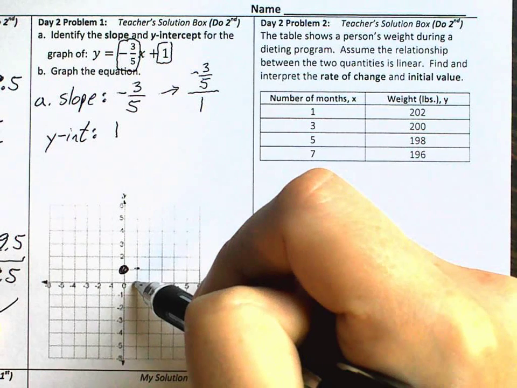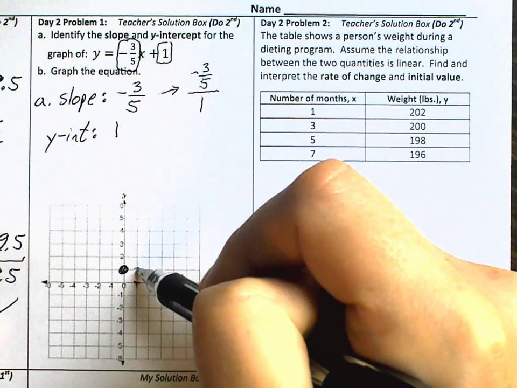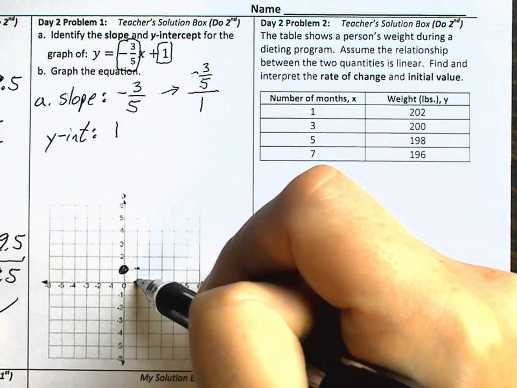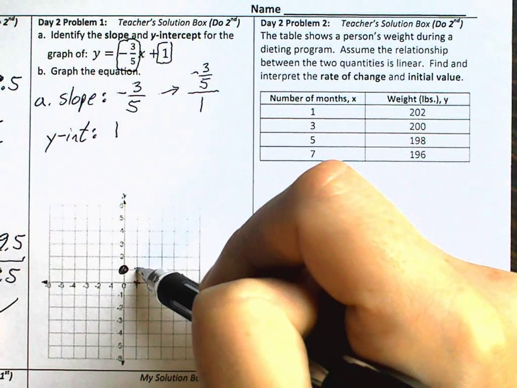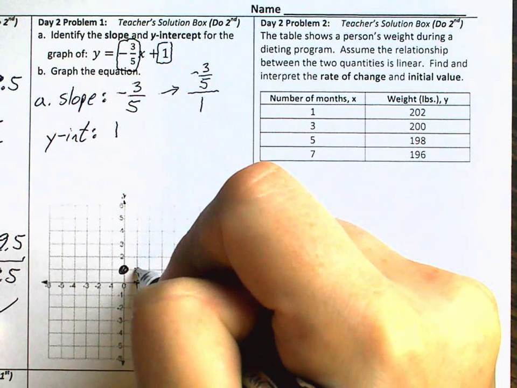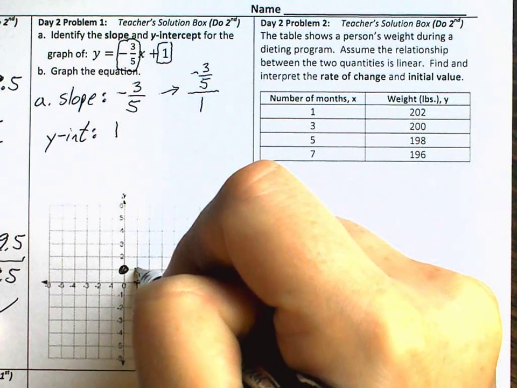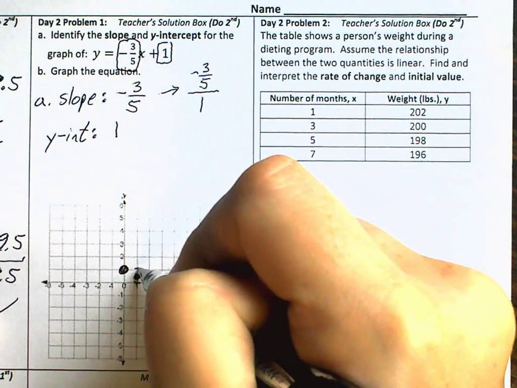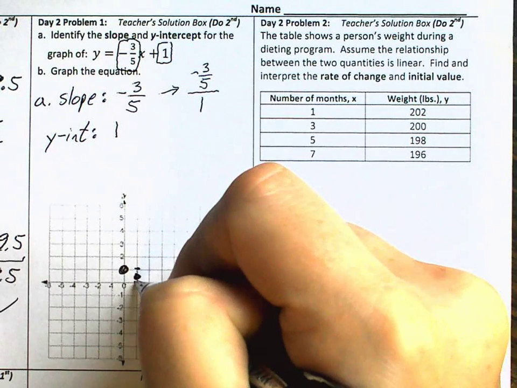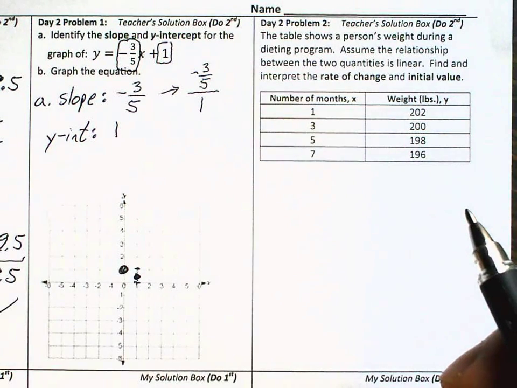3/5 is a fractional amount. If we were to consider this amount of space as having 5 small pieces in it, then 3/5 of it would be 3 of the small pieces. 1, 2, 3. It takes us down a fractional amount between this grid mark and this grid mark.